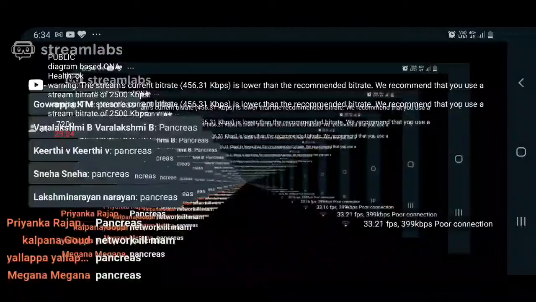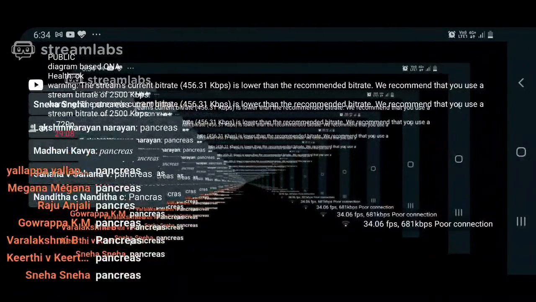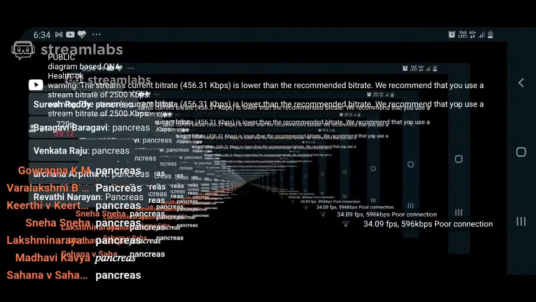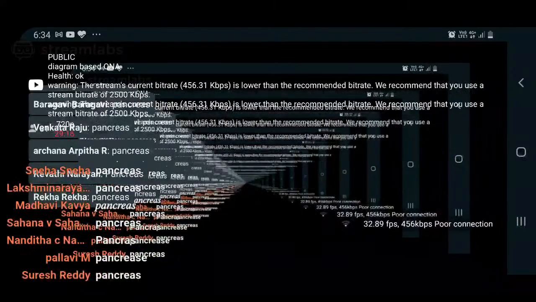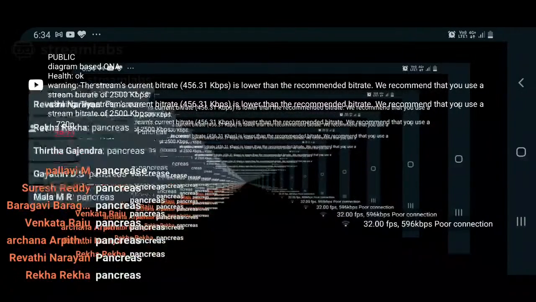That is pancreas. Pancreas is the gland which is usually called as dual gland because it acts as endocrine and exocrine. Very good. Everybody answering correctly. It is pancreas. Pancreas is called as dual gland.